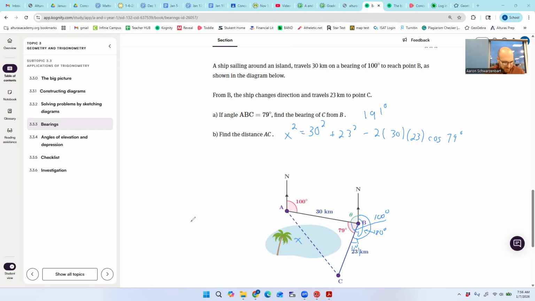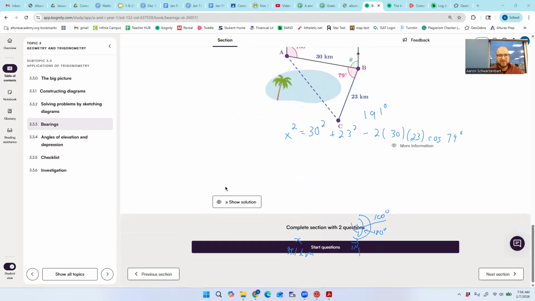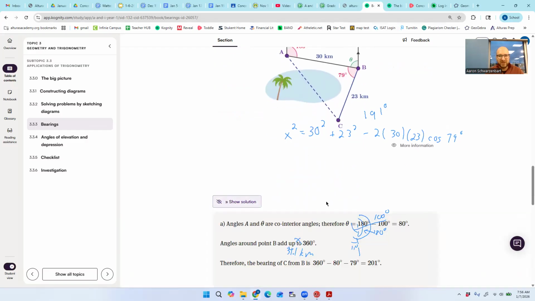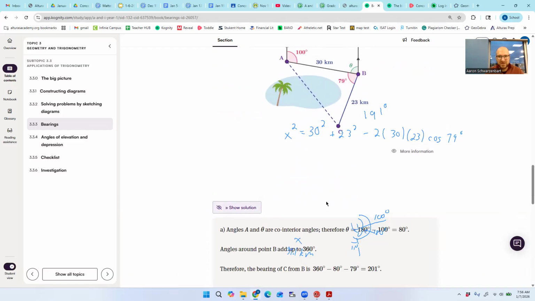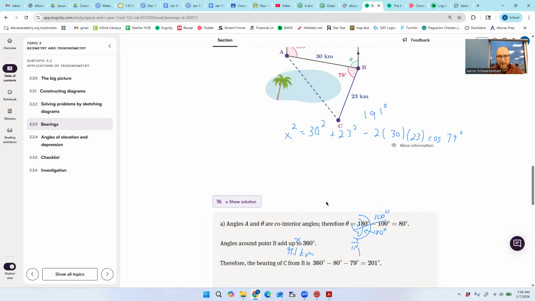And we get 34.1 kilometers. So finding the bearing was actually the hardest part. I got 201.